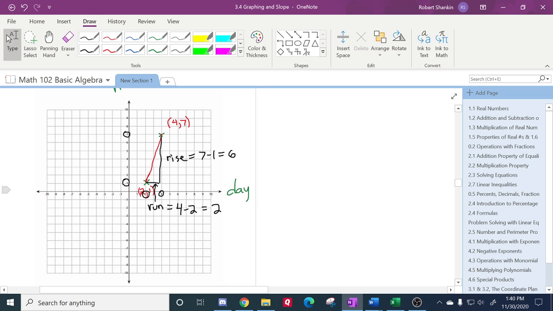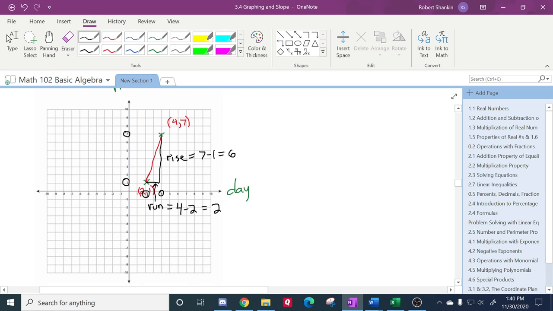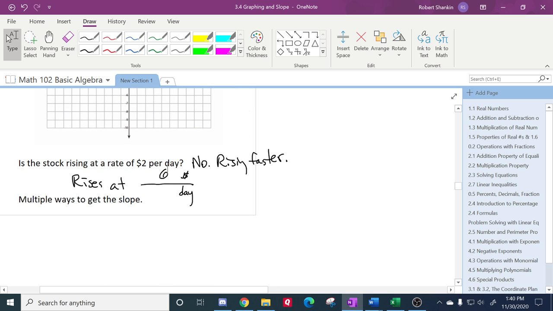And the total rise, we said, was $6. The total run was 2 days. 2 days went by, and it rose in price $6. 6 divided by 2 is 3. $3 per day. That's how fast the stock is rising.